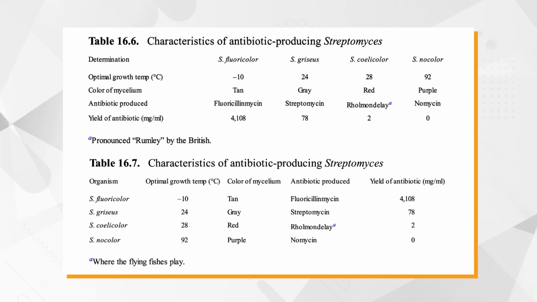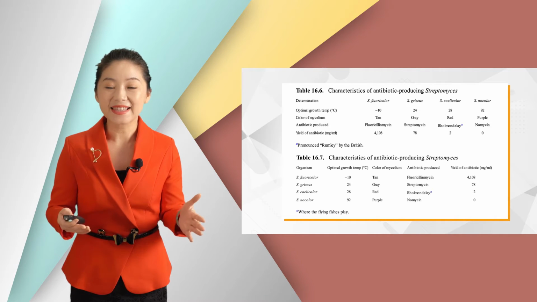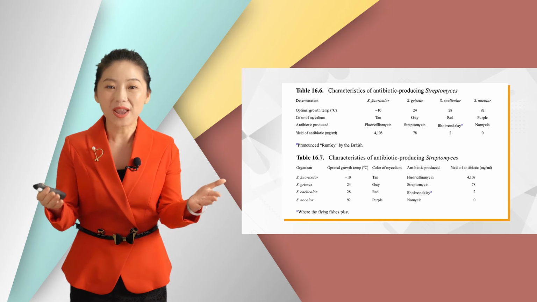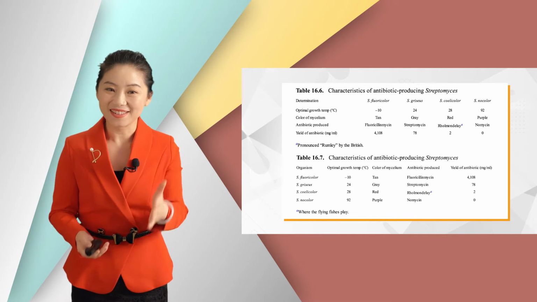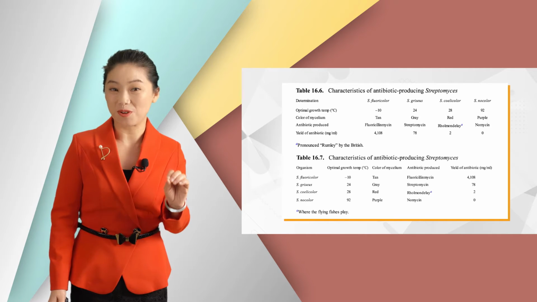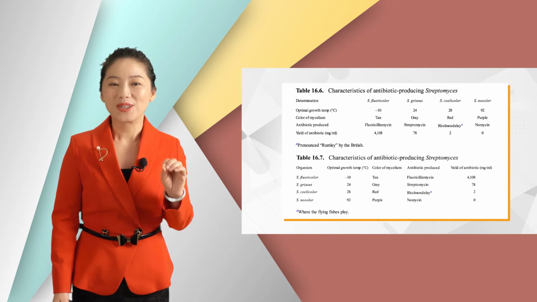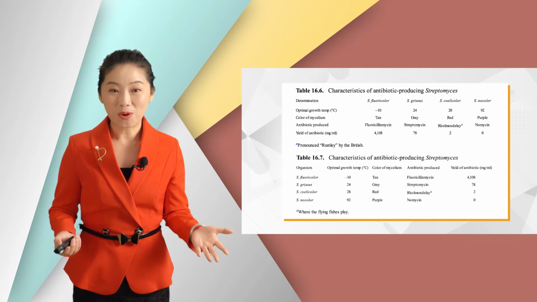Examine tables 16.6 and 16.7. They are equivalent, except that table 16.6 reads across, whereas table 16.7 reads down. To use an old-fashioned expression, table 16.6 is best awkward.